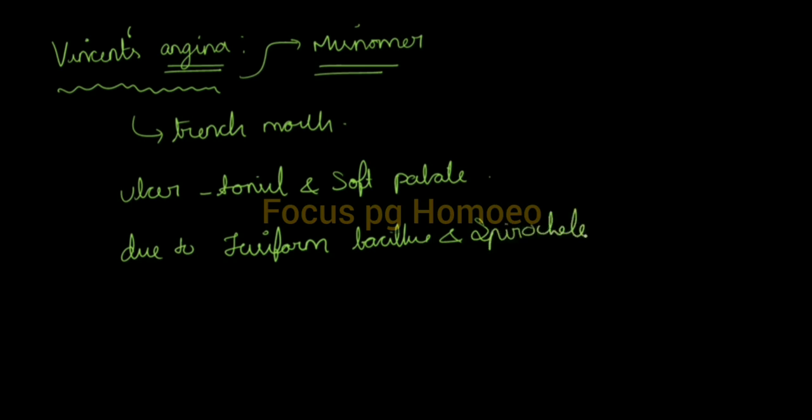So don't go with the name. Vincent's angina is trench mouth, which affects the tonsil and soft palate leading to ulceration, and is mainly because of fusiform bacillus and spirochetes.